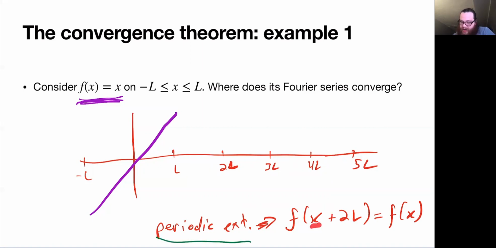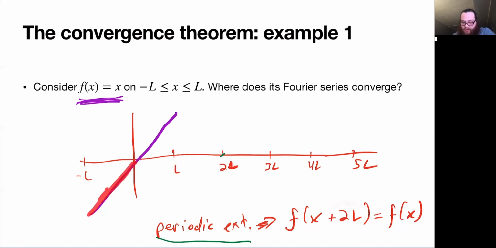So plug in x equals 0. We want the value of f, the periodic extension, at the point 2L to be equal to the value of f at 0. So at 2L, the function should be 0. And likewise, we took this point plus 1L plus 2L.